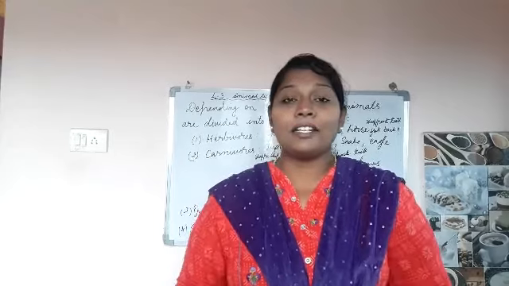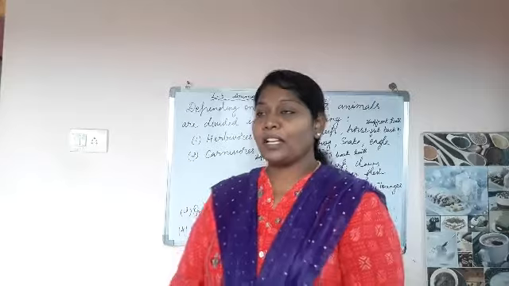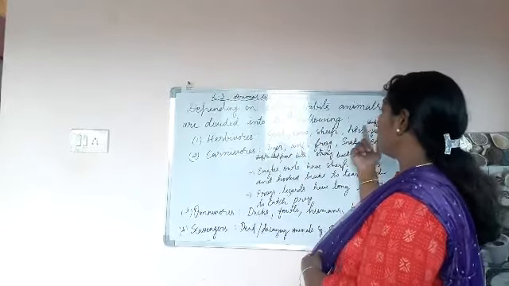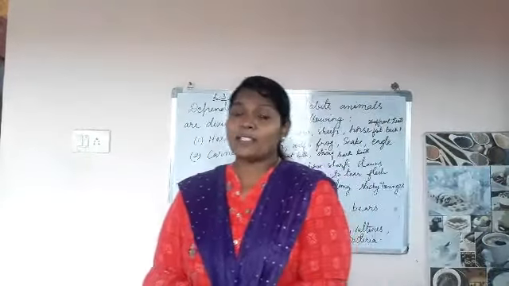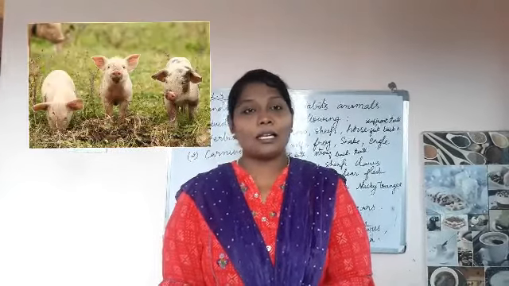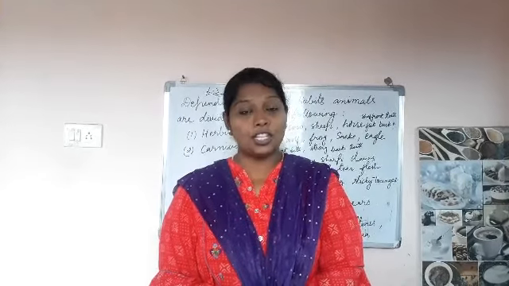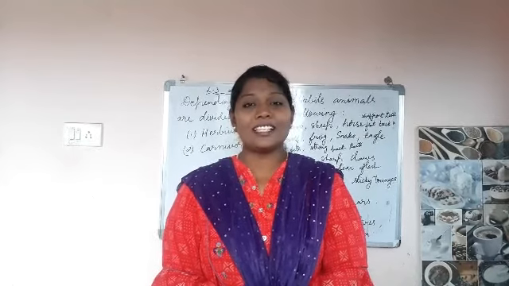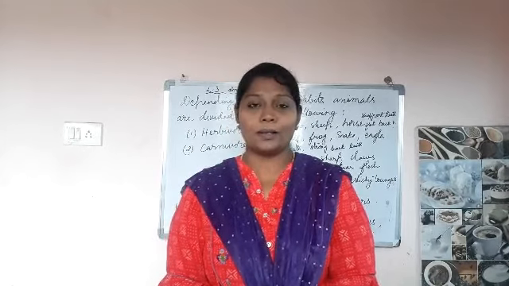There are different animals that depend upon plants for their food, like goat, cow, sheep, horse, etc. So mostly the domestic animals that we see in our farms depend upon the plants for their food. The cow, sheep, goat, buffalo, horses, all these are the different animals which come under herbivores.